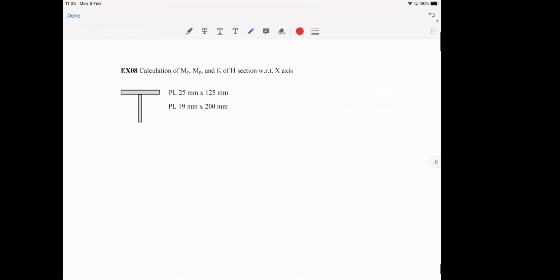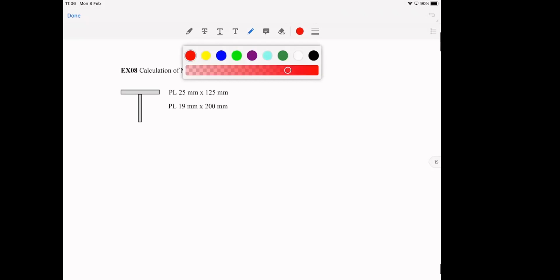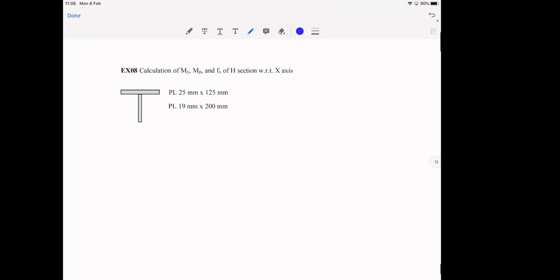Gotta stay with this one and try to do the not so symmetric section. Okay, so now when you have this, you need to locate both elastic and plastic neutral axes, right? So what's going to be? I think we're going to need to do some calculation, but it should not be beyond your capabilities, right?